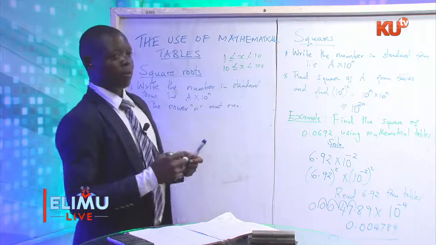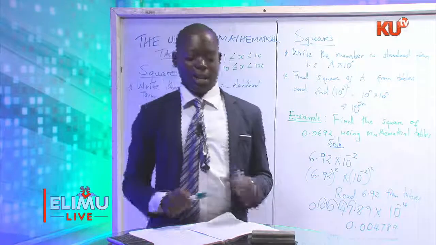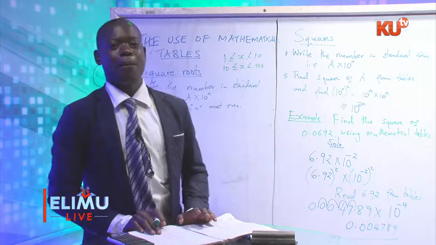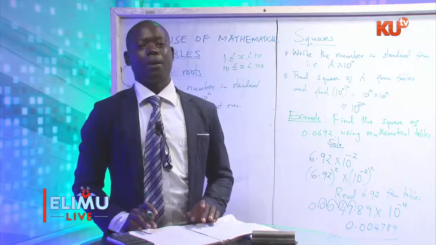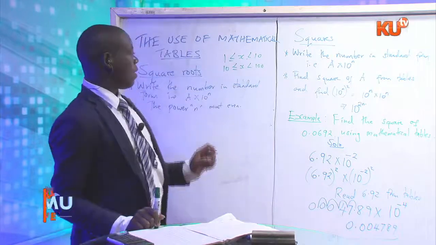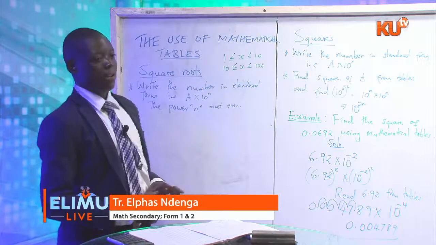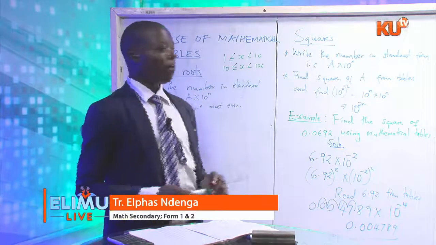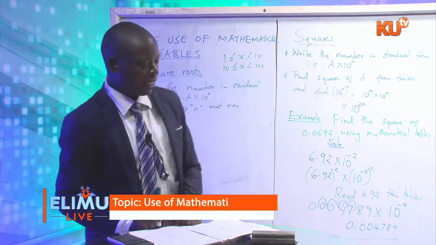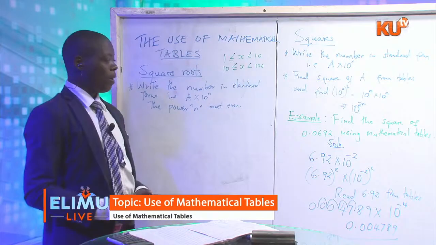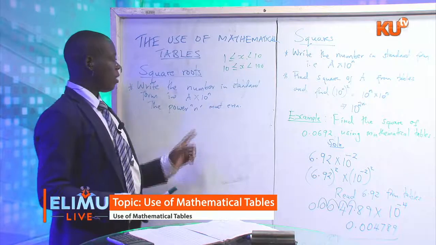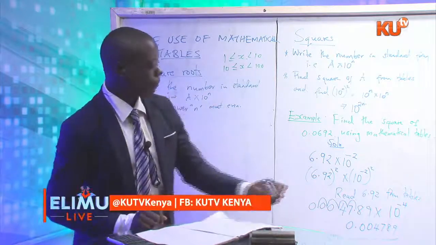As much as we are saying the condition for you to read the mathematical table is based on writing the number in standard form first, there comes a time when we shall have to change that rule so that the power n is an even number, so that you can read in the correct column. The moment you write a power that is not even, you will read in the wrong column and you will get the wrong answer. So ensure the power you're using in square root is even.